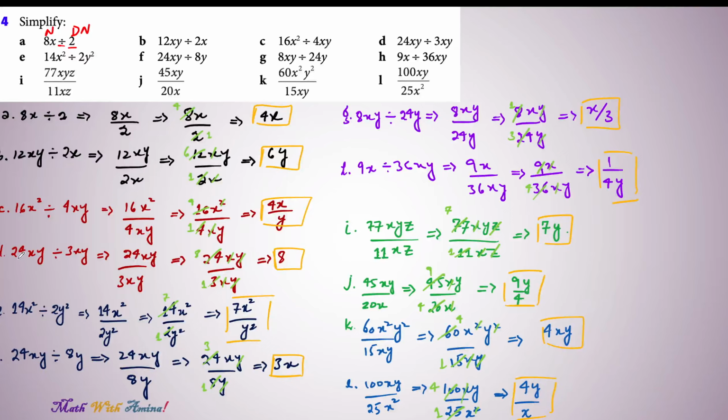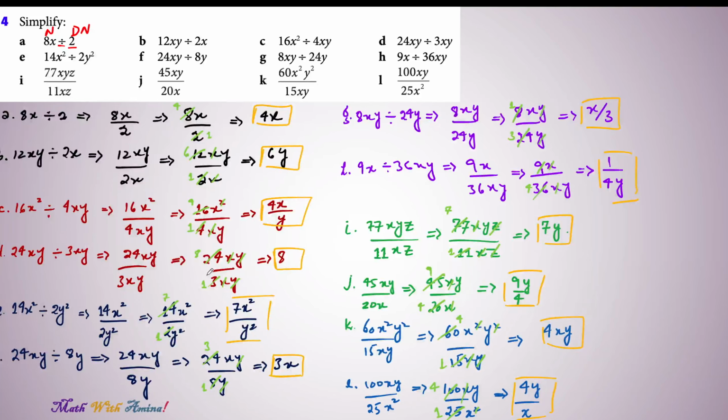The fourth one is 24xy divided by 3xy. So again we write it in the p by q form, or fraction form, where we get 24xy in the numerator and 3xy in the denominator. Then we look at the numbers and look for the common factor. 24 divided by 3 is equal to 8.